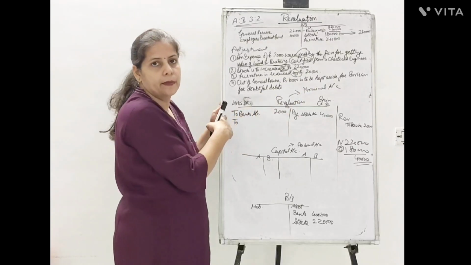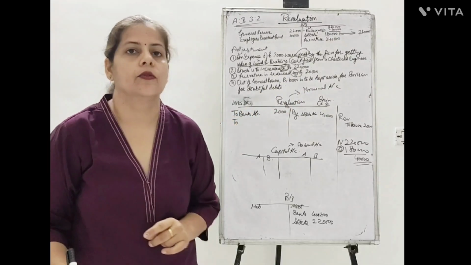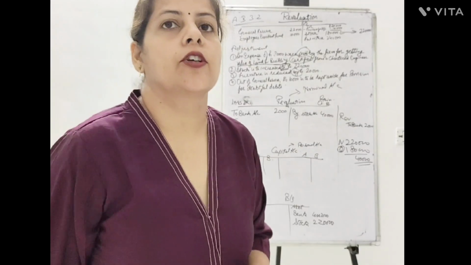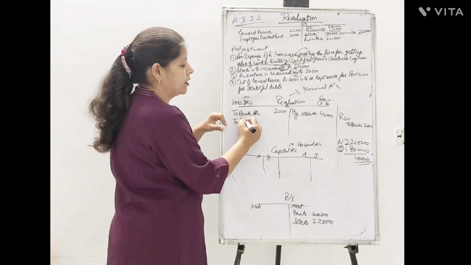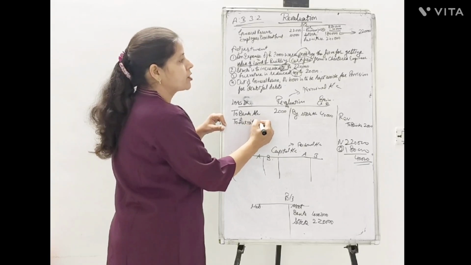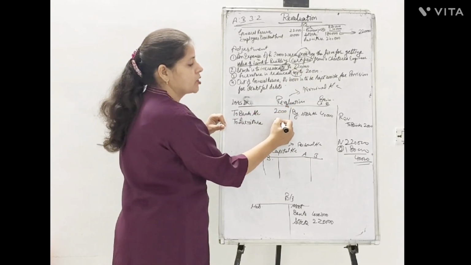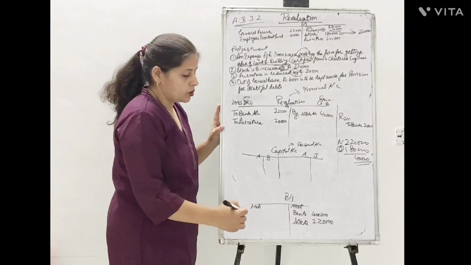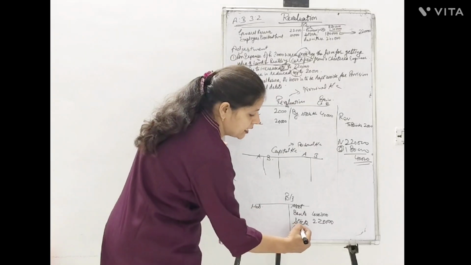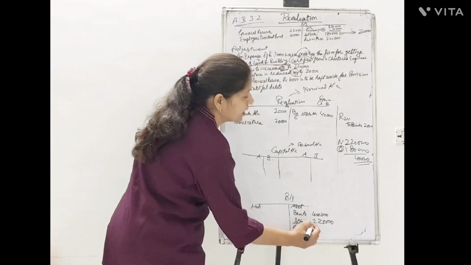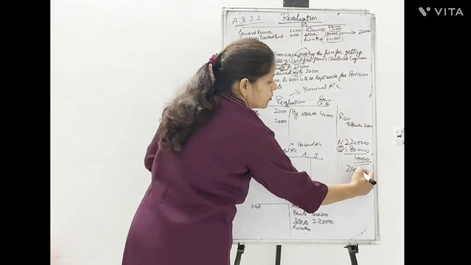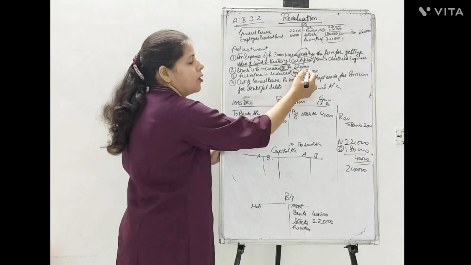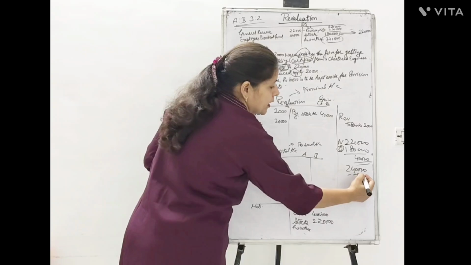Losses are to be debited in the revaluation account, so we will write here the word furniture. Furniture is reducing by how much value? 20,000. So what should be the value of furniture in your balance sheet? In the balance sheet, 2,40,000 rupees would be reduced by how much value? 20,000.